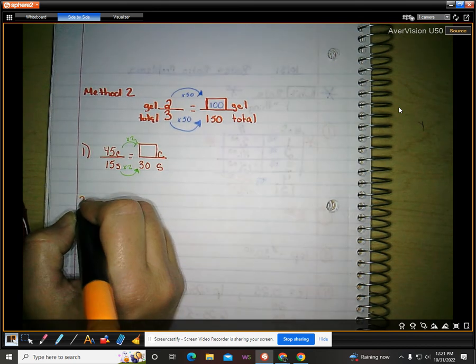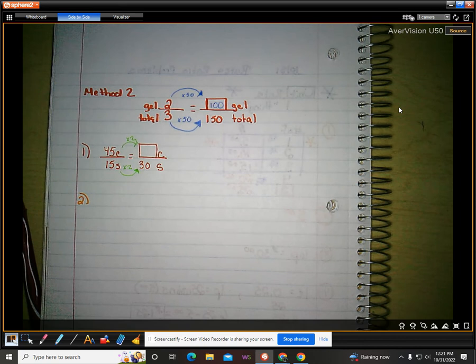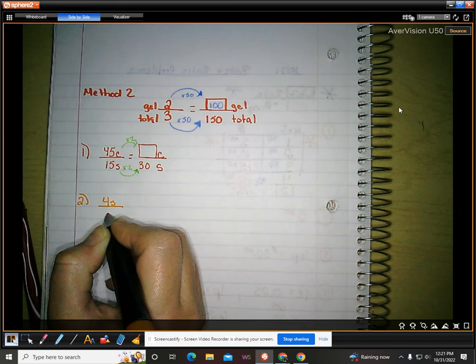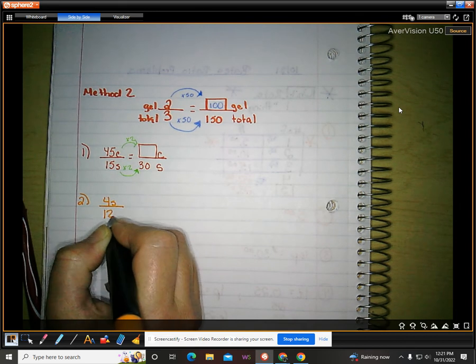Question 2 says, 4 students spend $12 on school lunch. At this rate, how much money would 10 students spend? So we have 4 students spending $12.